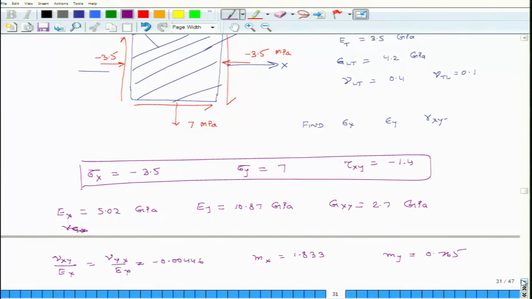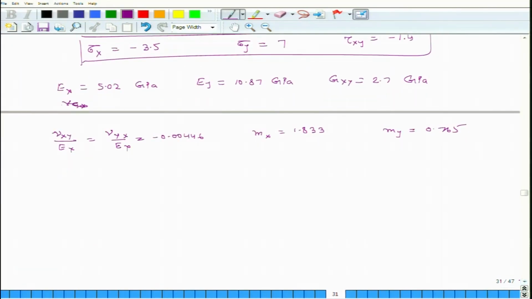So, these are the values we have calculated using the relations earlier, and now from Ex, Ey, all these properties we can calculate epsilon x. So, epsilon x comes to be minus 483, epsilon y comes to 705, and gamma xy comes to minus 443, and all this times 10 to the power of minus 6 microstrains.